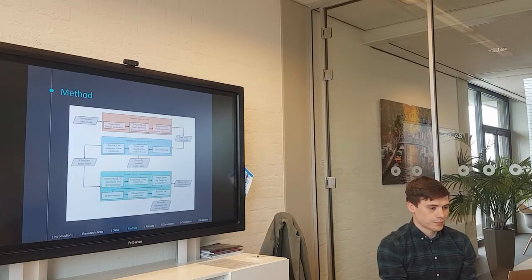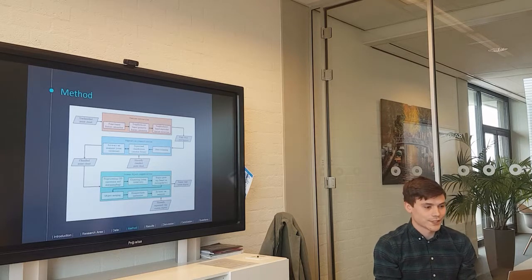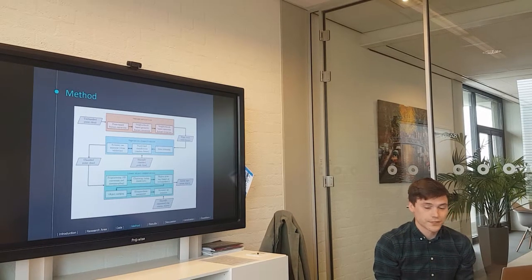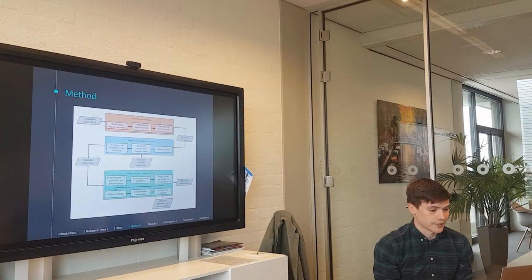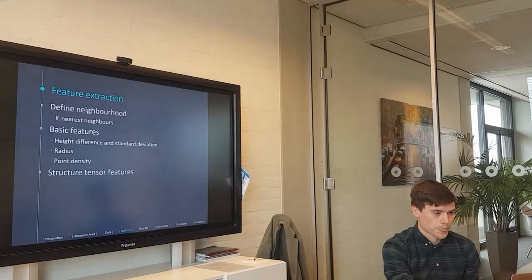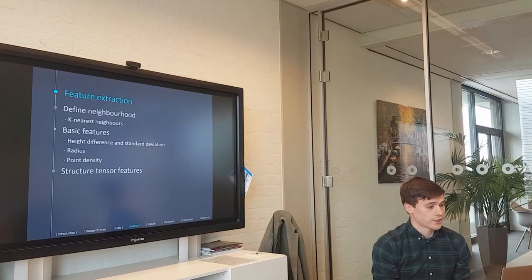For my method, I'm not expecting you to analyze this whole workflow, but what I want you to see is that there are 3 basic steps: the feature extraction, the vegetation classification, and then the linear object segmentation. For the feature extraction, to get extra information on each point, we defined a neighborhood for each point using k nearest neighbors.